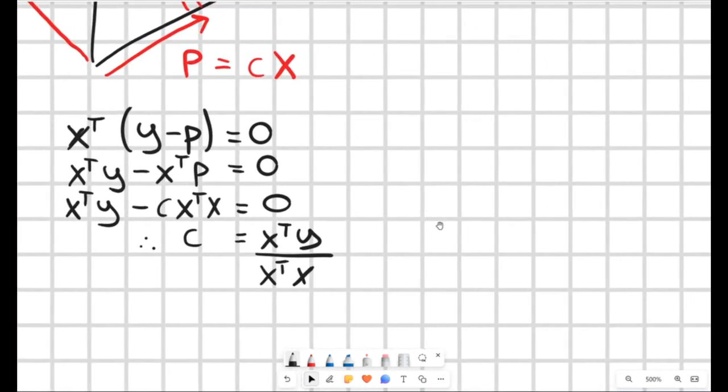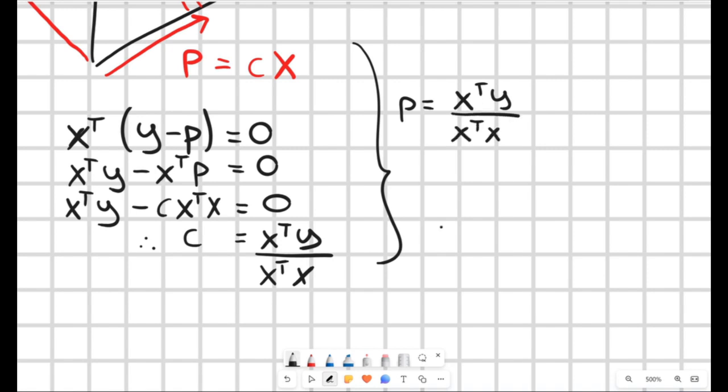So putting these things together, we end up with the projection is equal to the constant, which we've just found, geometrically multiplied by the vector x. And we introduce a bit of notation here to make this a bit simpler to write down.